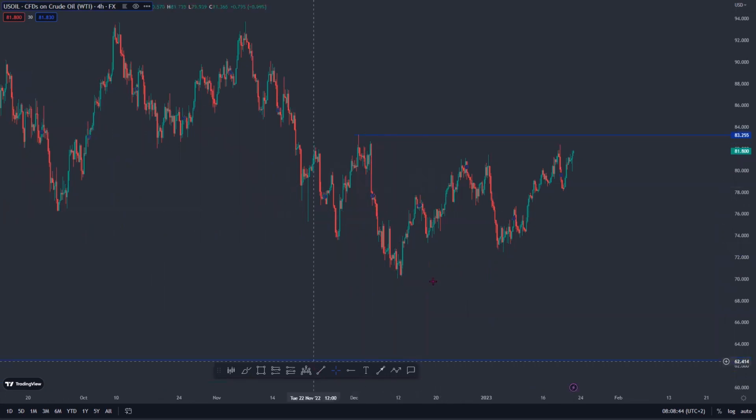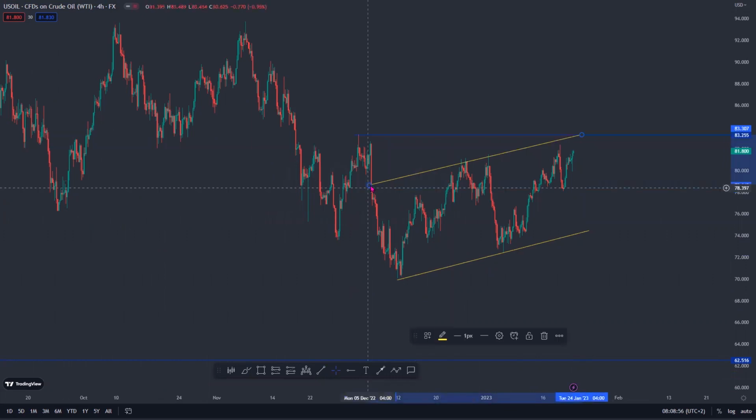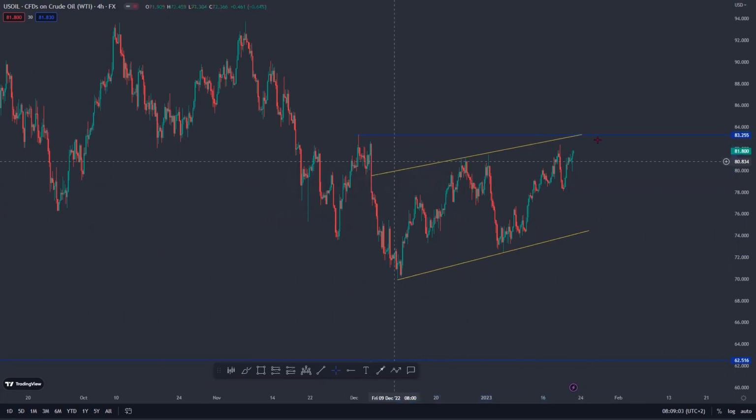Let's see what we find here. And remember, guys, when you draw your trend lines, you don't have to force anything. Not every time will the market give us a third touch. If you don't get a third touch, you are going to have a double bottom or double top. That's what you always have to know.